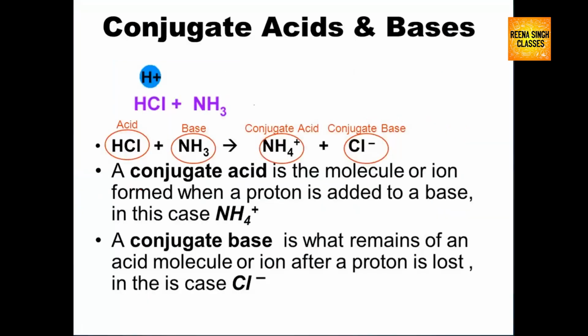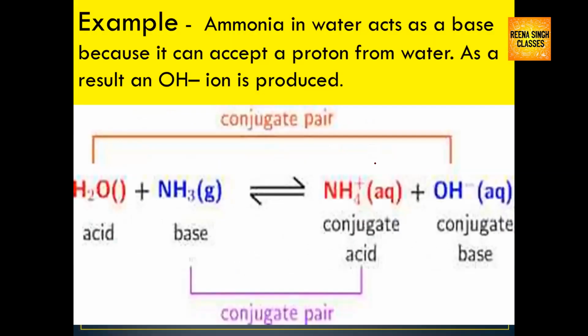This is the definition of conjugate acid and conjugate base: a conjugate acid is formed when a proton is added, and a conjugate base is formed when a proton is lost. Another example: ammonia in water. In this case, water acts as an acid because it is donating a proton to ammonia, NH3.